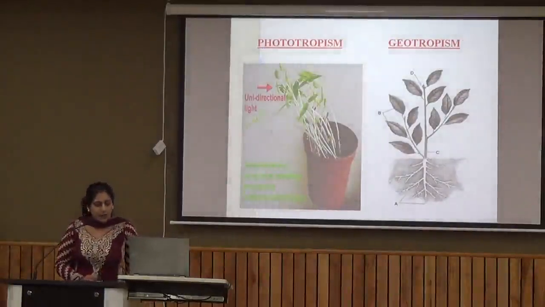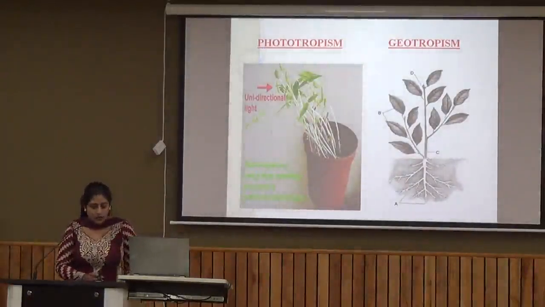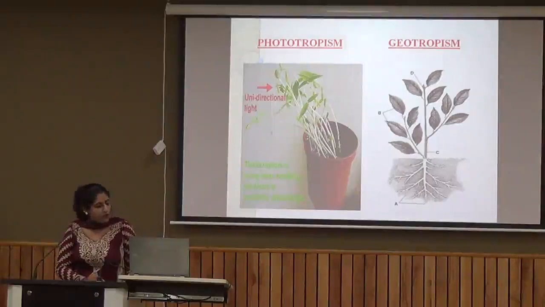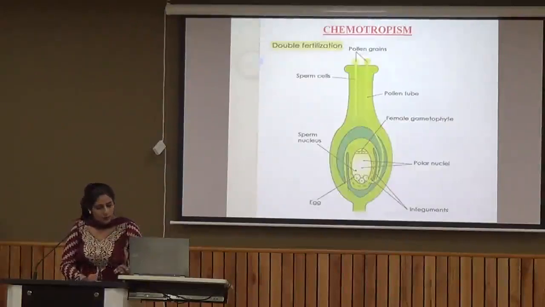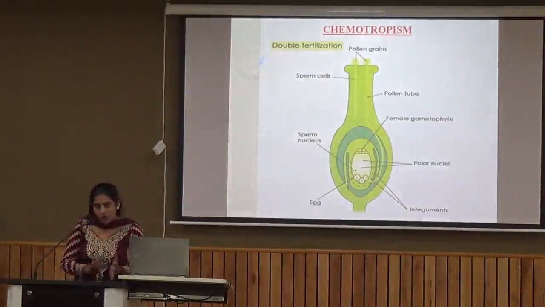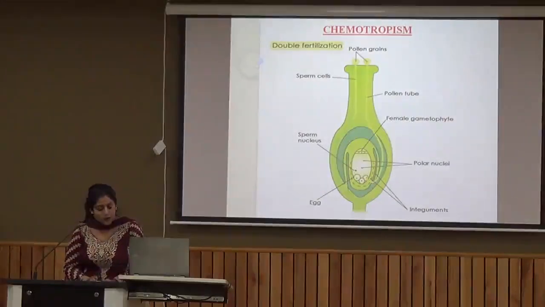You can see in this image, first is the phototropism image, unidirectional light phototropism. You'll see the direction of the plant is towards the light. Second is geotropism, where the root is going downwards. Chemotropism, I have told you, is the pollen tube going towards the ovules.